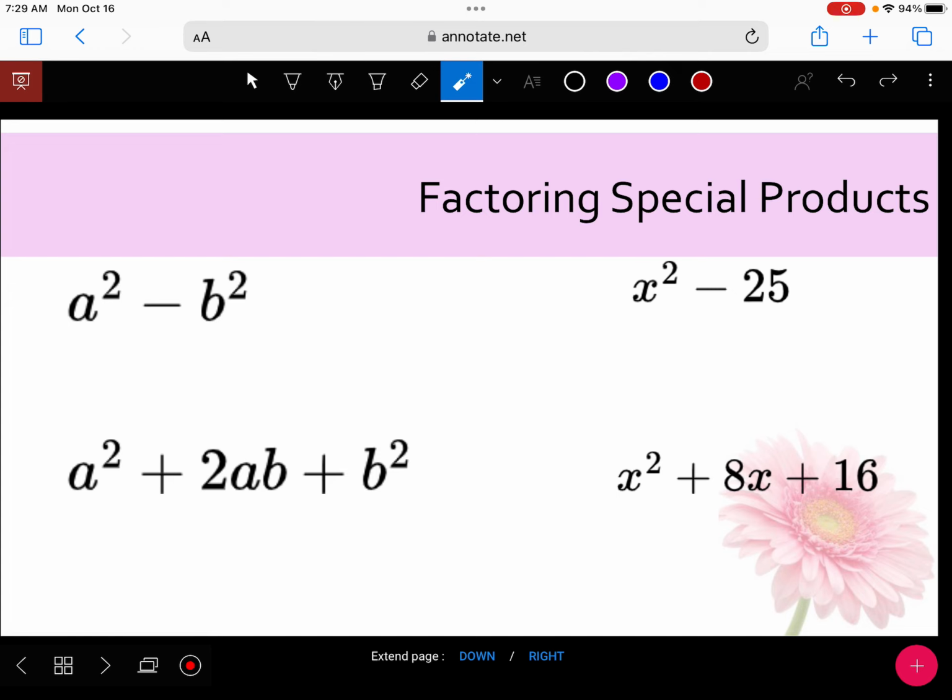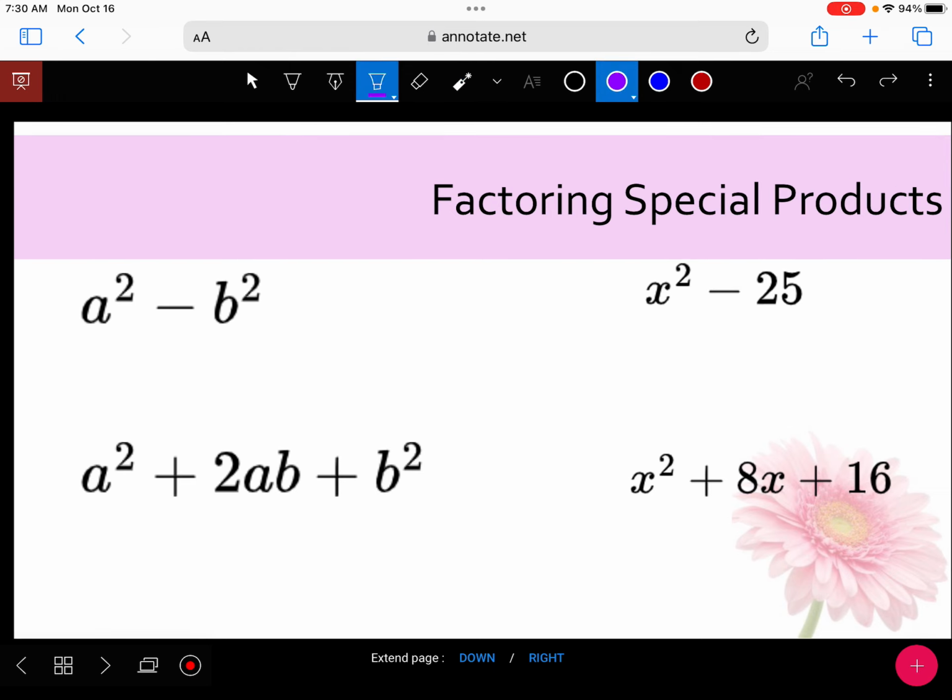This is a special pattern called a difference of squares. X squared is a perfect square, whatever the second piece is a perfect square. So 25. When we're doing that, there's a shortcut we can take that involves no X, no box, no nothing. I figure out what A is, so whatever my first term is, and I find out what my B is.